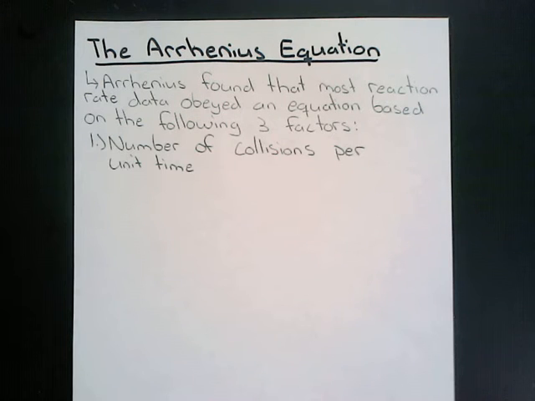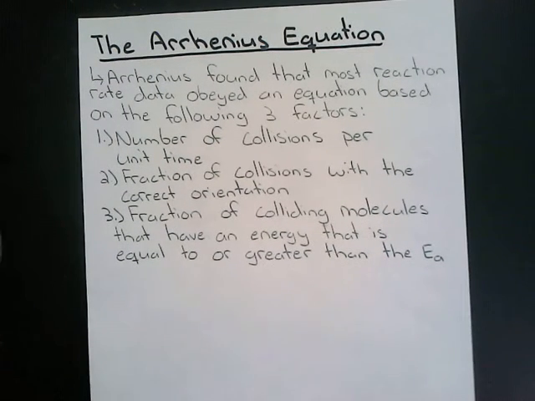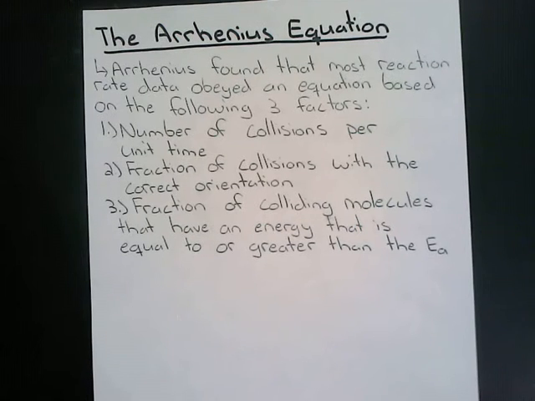The second factor is the fraction of collisions that occur with the correct orientation. And the third factor was the fraction of colliding molecules that have an energy that is equal to or greater than the activation energy.